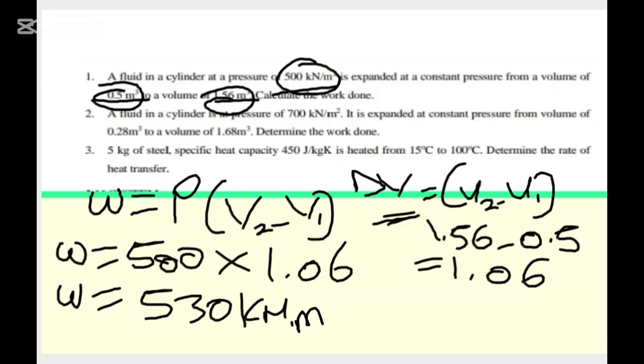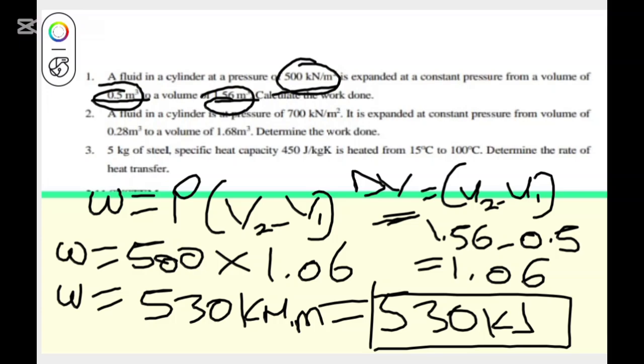But you have to notice that 1 kilonewton meter is the same thing as 1 kilojoule. So therefore this is the same thing as saying 530 kilojoules. So this is the final solution to this question.